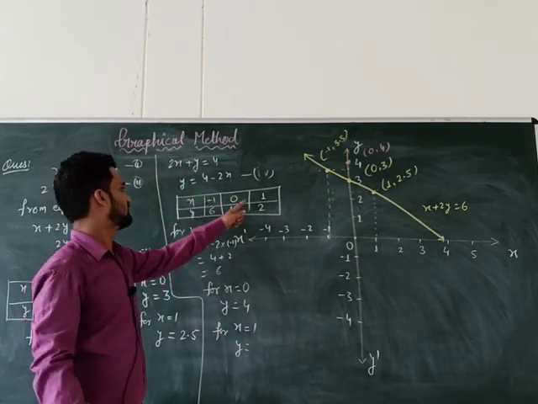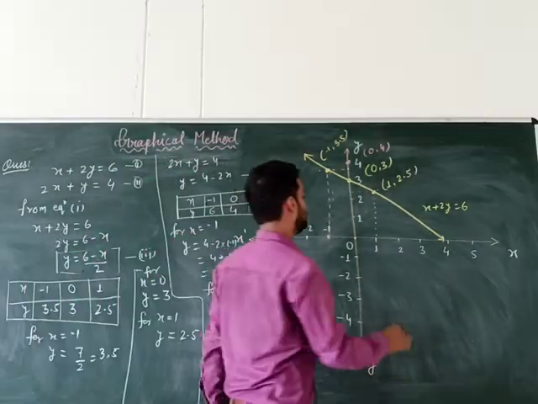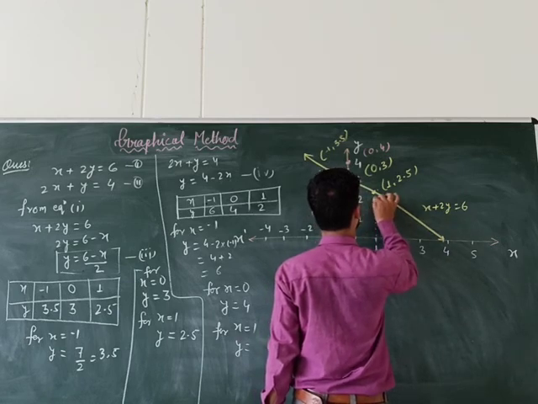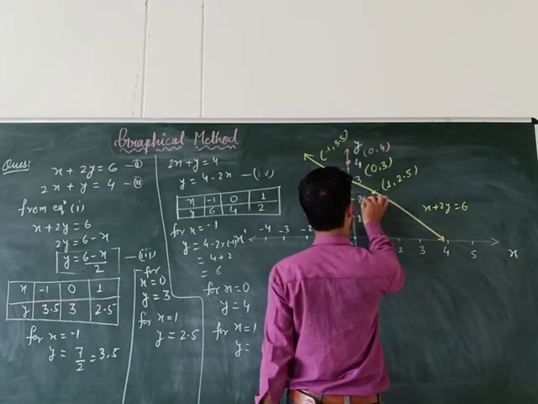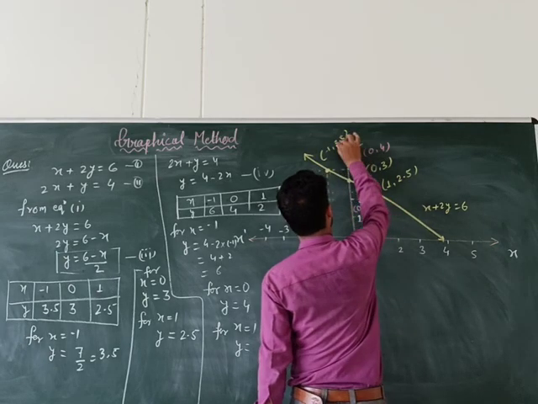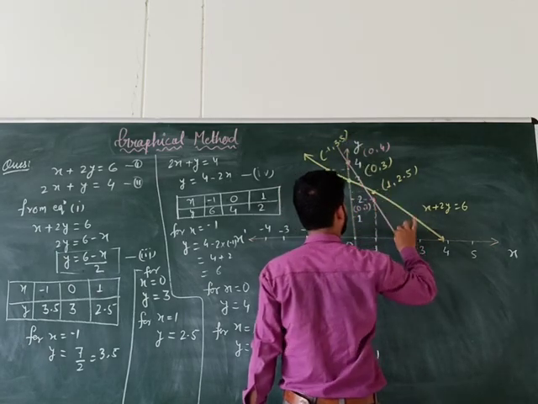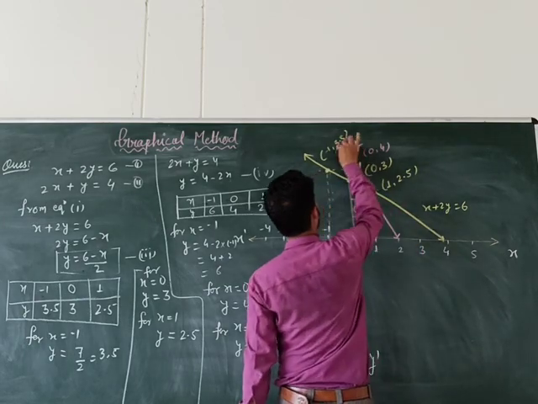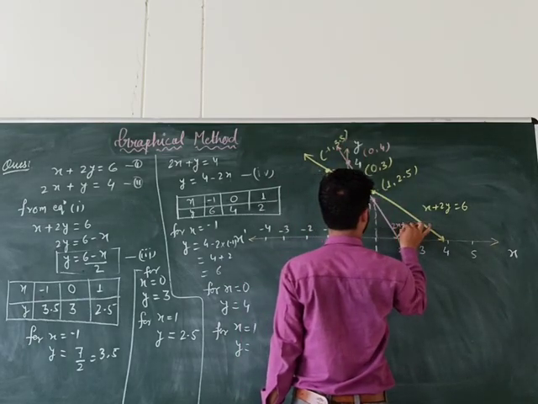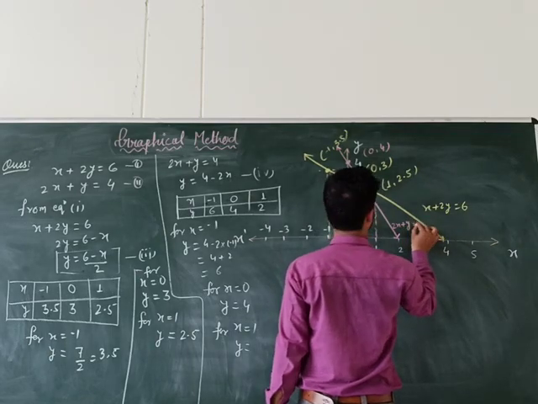Now if x equal to 1, y is equal to 2, somewhere here, 1, 2. Now join these 2 points and this is the equation of 2x plus y is equal to 4.